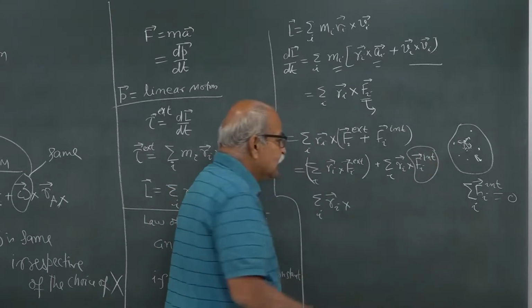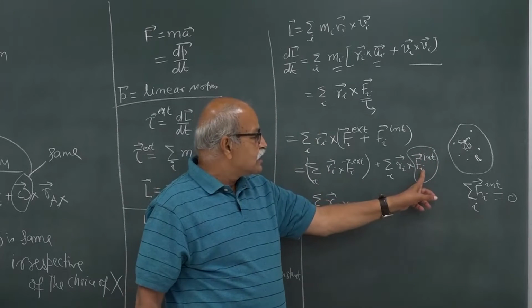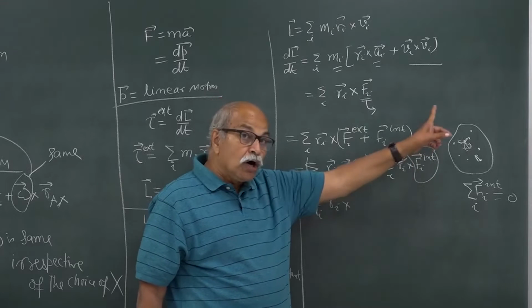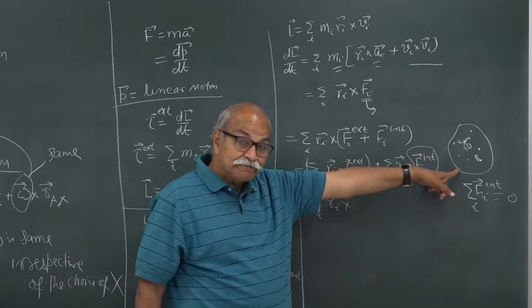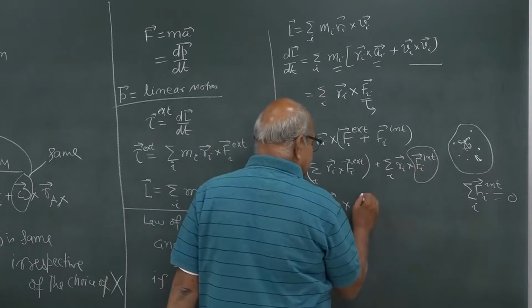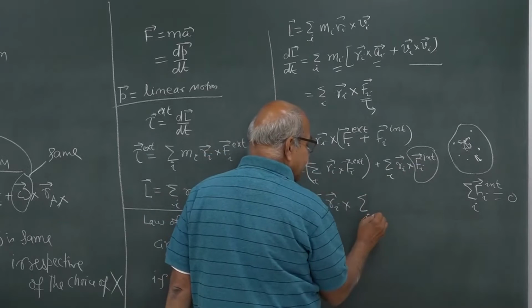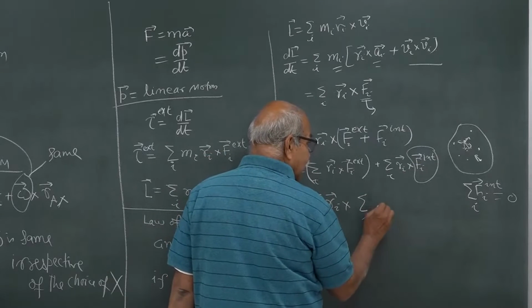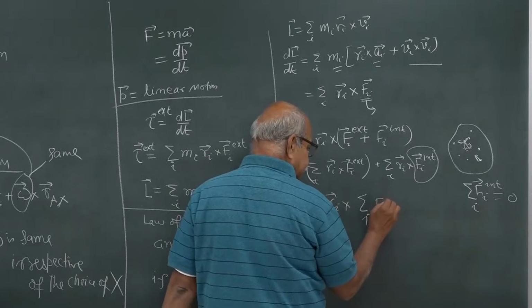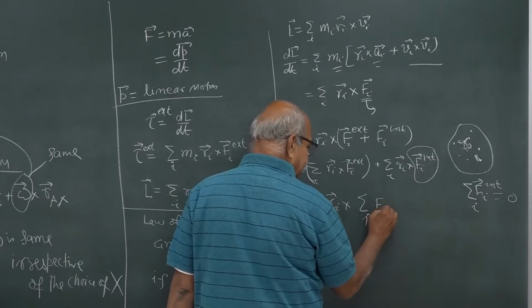what is this? This is the force on the ith particle by all other particles of the rigid body. And so, this itself is summation over j, which is not equal to i, of Fij.